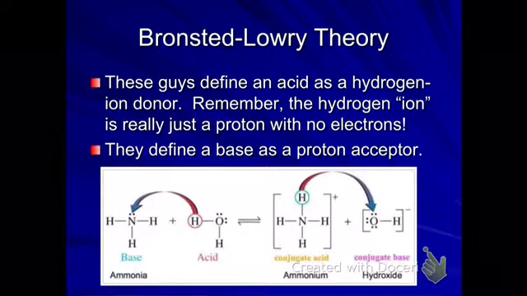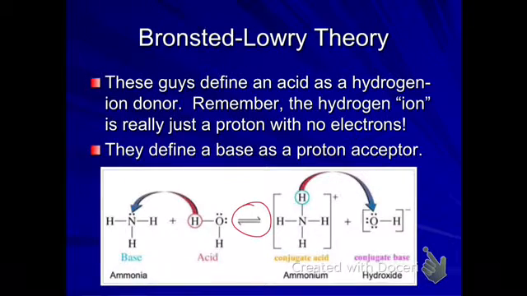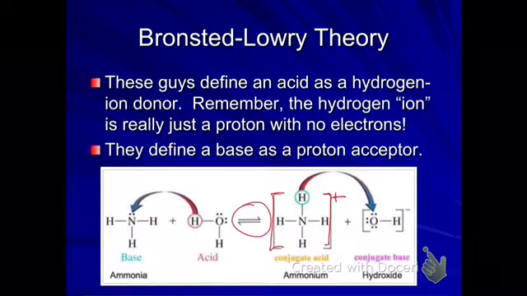So there is an equilibrium happening here between ammonia and water. When that hydrogen pops onto ammonia, it turns into ammonium. You see the brackets here? This is the ammonium ion with a positive charge. And then the water that lost the hydrogen turns into the hydroxide ion. You see the OH and there's a minus charge here.